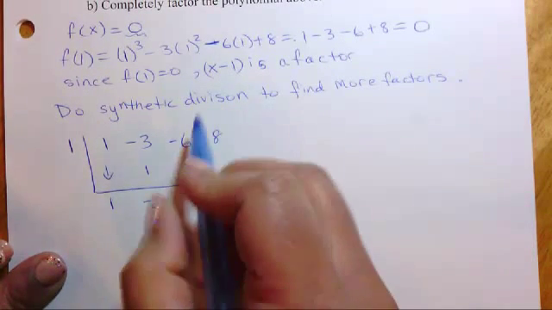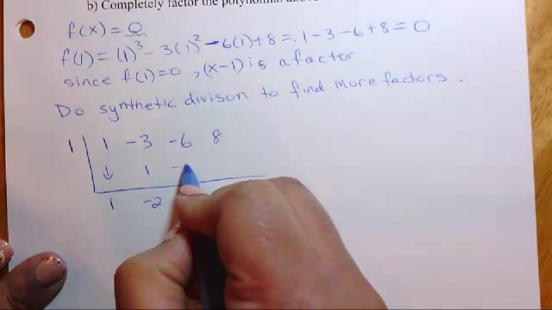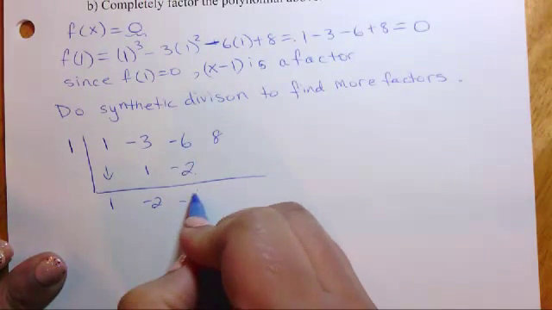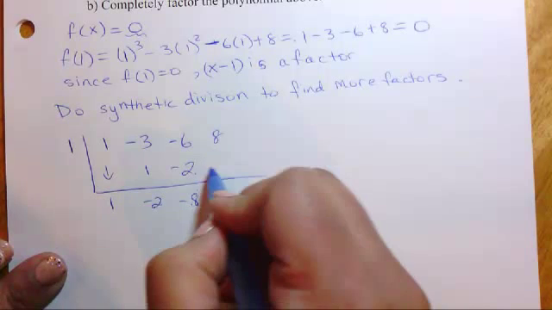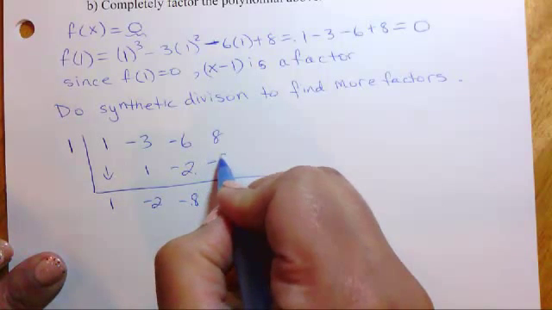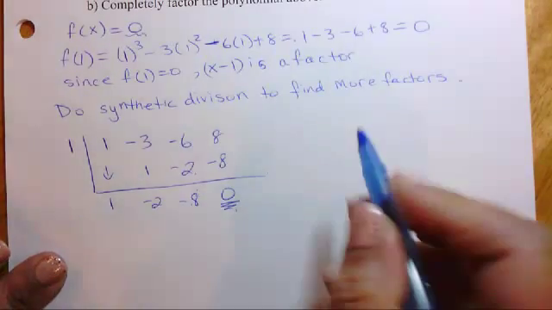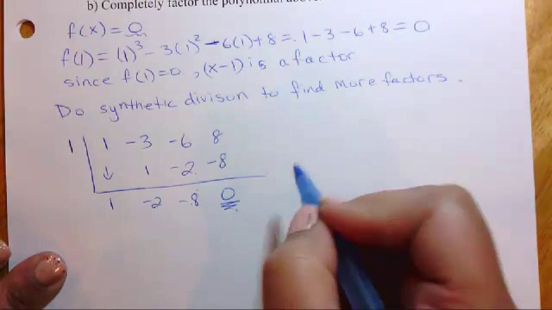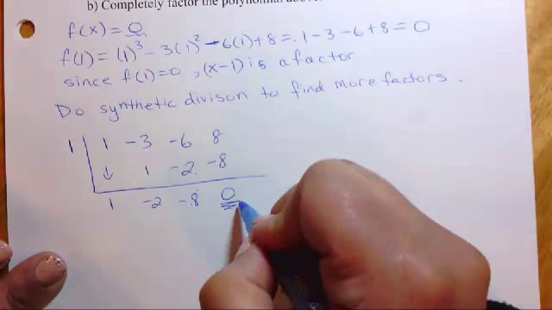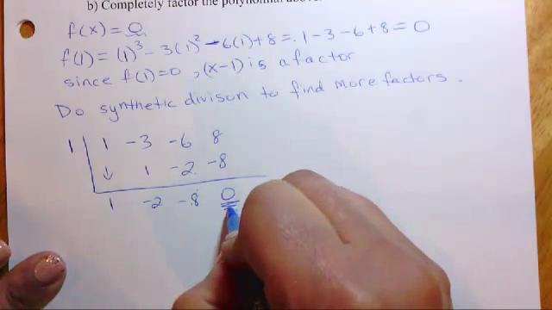Multiply that and add down. Multiply this with this and put that there and add down. Now, because I have a 0 here, that means that x minus 1 is for sure a factor.